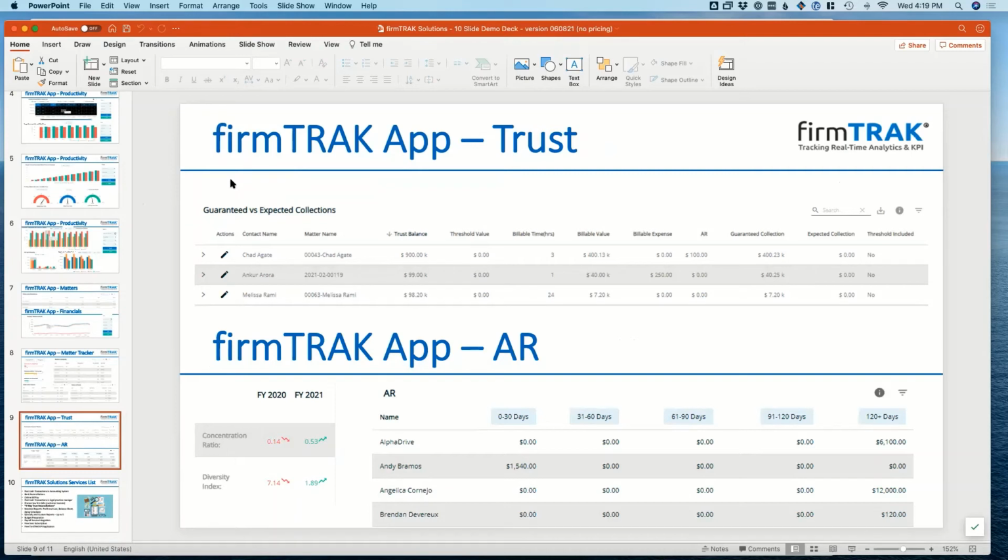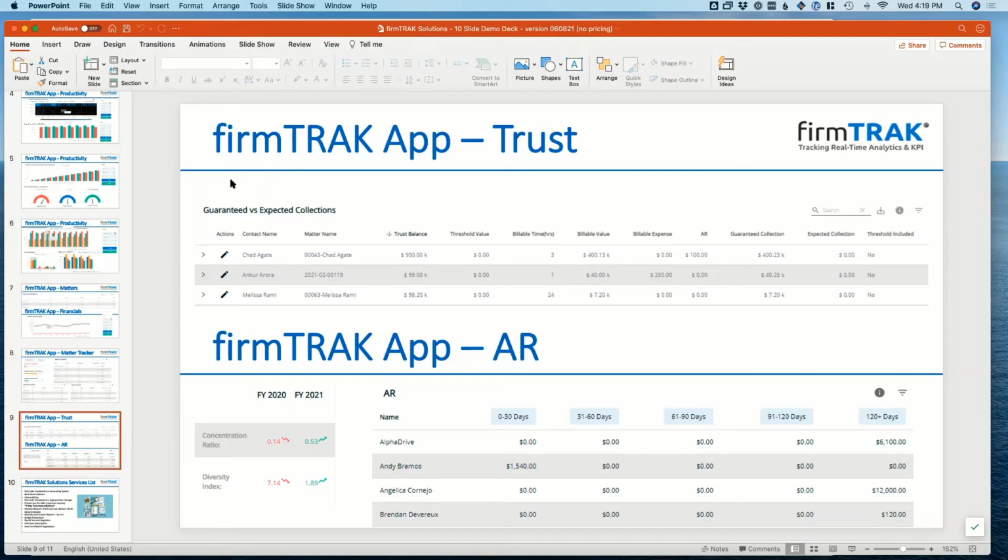What these two numbers determine is how much work in progress you are willing to take on as a firm before you're concerned or before you need to contact the client or notify your resource, your associate, the partners who are working on the case to stop work on the case until there's an additional retainer paid or somebody who is responsible for the client makes a determination that additional work can be performed, knowing that the firm is not covered from a financial standpoint.